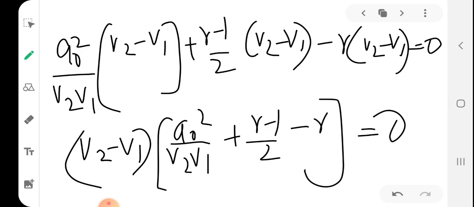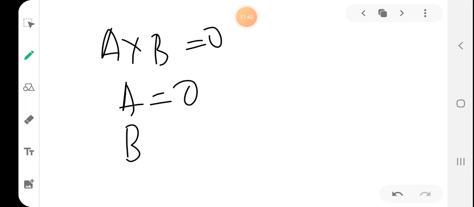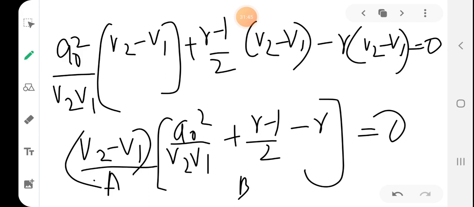Okay. So students, let this term be A and this term be B. So A into B equal to 0 means either A is equal to 0 or B is equal to 0. Here V2 minus V1 can't be 0, because V2 will never be equal to V1, because the velocity will definitely change from upstream to downstream across a normal shock.